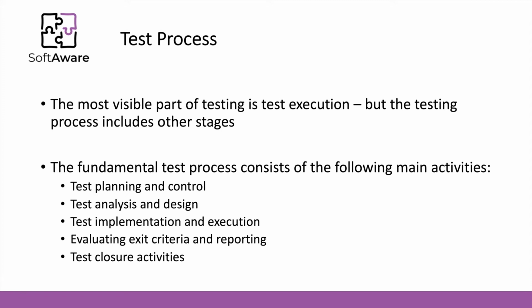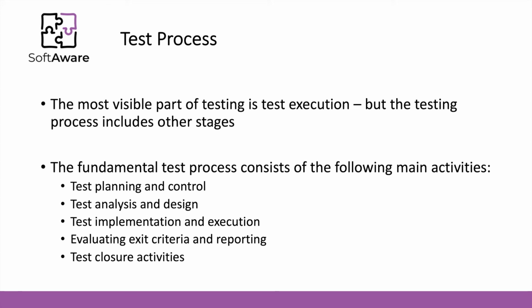Regarding the stage of evaluating exit criteria and reporting, this is the activity where test execution is assessed against the defined objectives by checking test logs against the exit criteria specified in test planning. Reporting involves writing a test summary report for stakeholders.